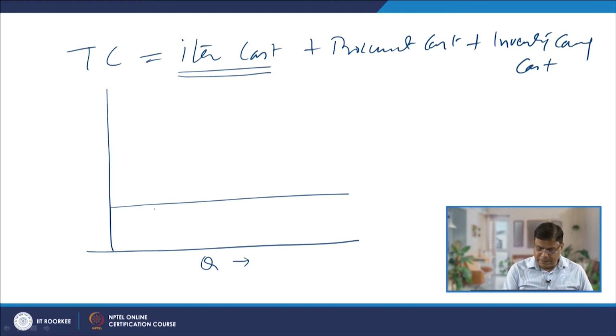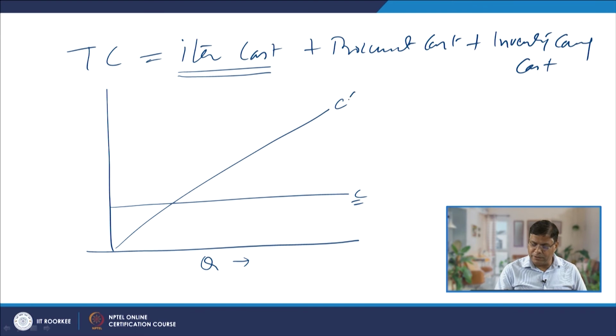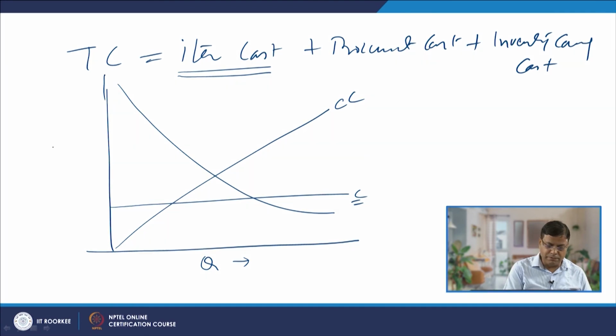And since C is fixed, IC also remains fixed, that is, the carrying cost changes linearly with the order quantity, and we get the procurement cost variation as a function of time.